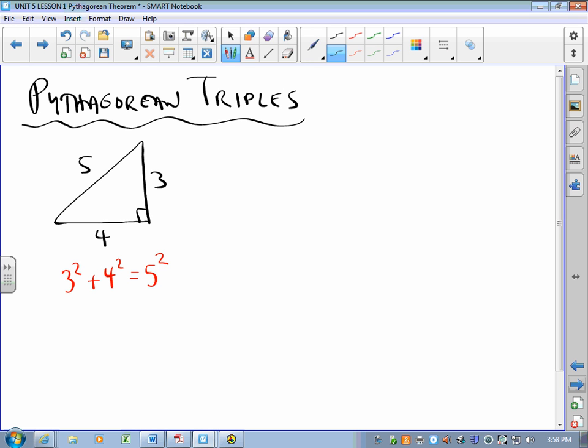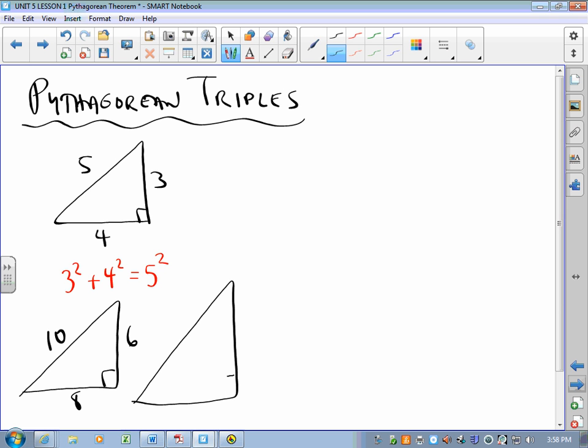We've already covered that. So 3, 4, 5 is a right triangle, but so are all of its multiples. So if I wanted to make this just a wee bit bigger and multiply everybody by 2, okay, instantly I know that that's a right triangle because every multiple of 3, 4, 5 is a right triangle.